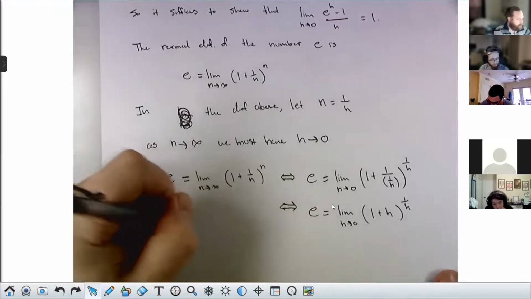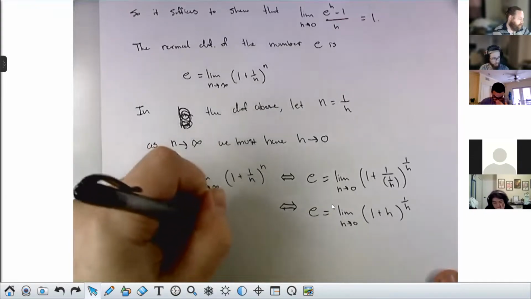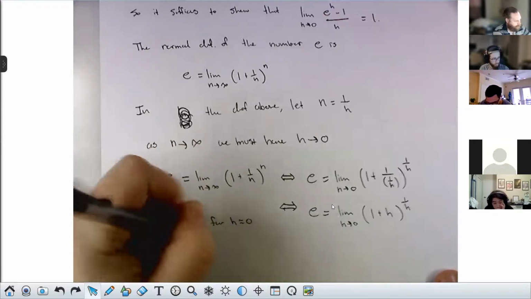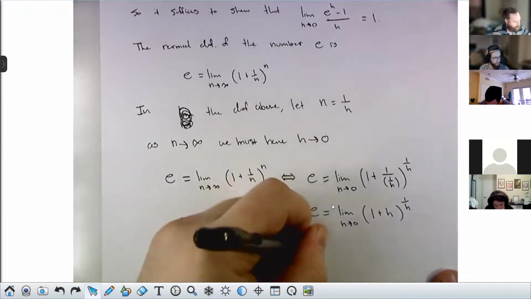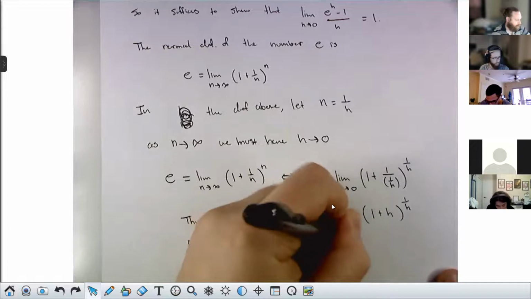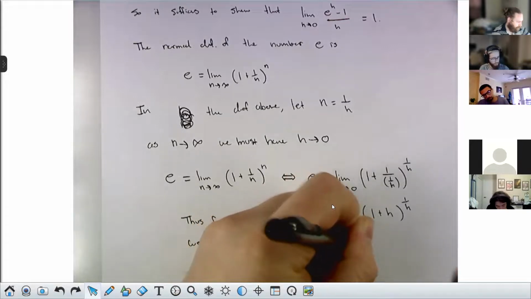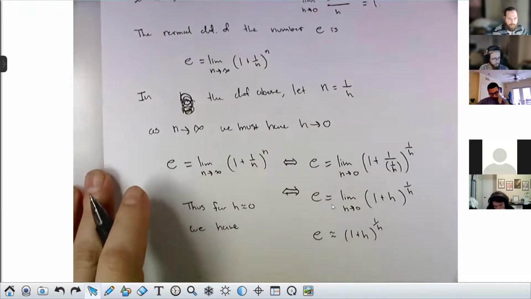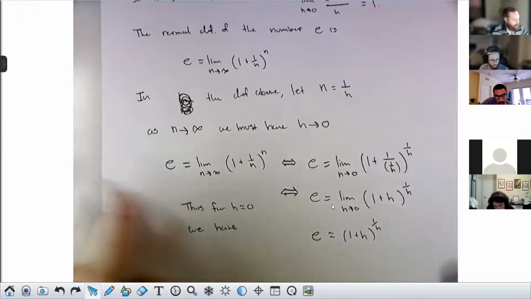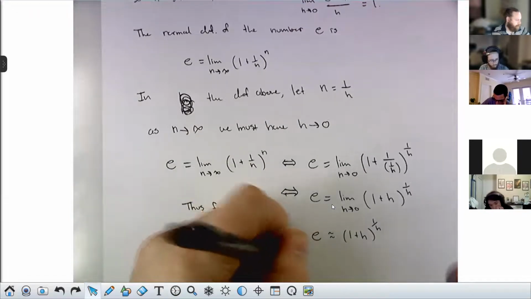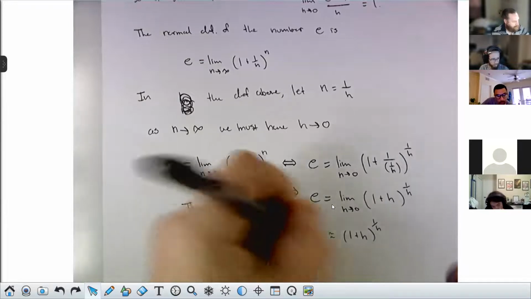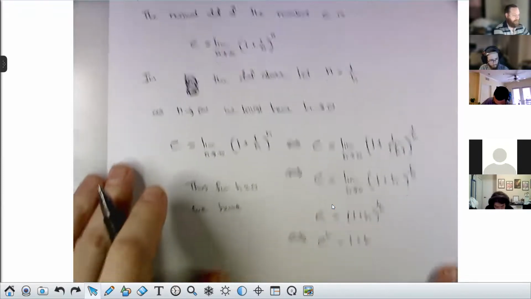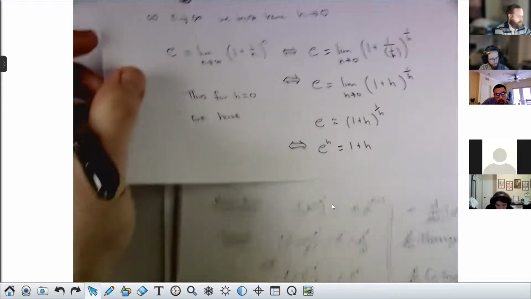Which means for h's which are very, very close to 0, we have e is very, very close to 1 plus h raised to the 1 over h. Raise both sides to the h power. You get e to the h is equal to 1 plus h. You can see where this is going.